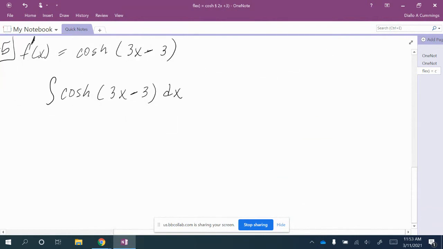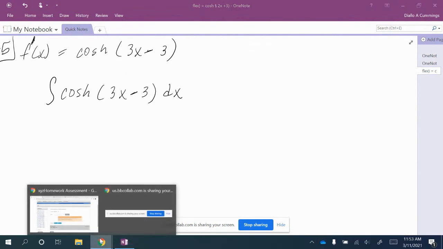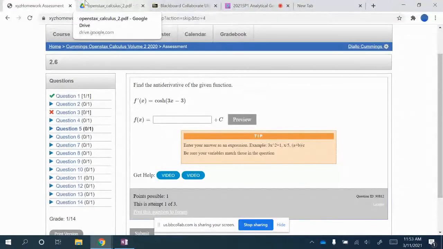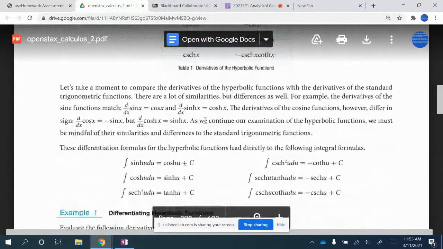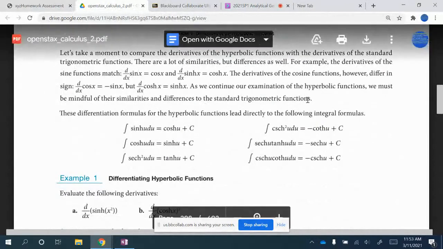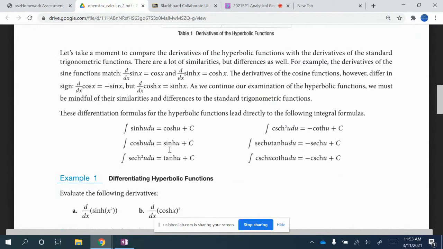All right. So if you notice in our formulas, we do have an integral formula for the hyperbolic cosine, so I'm going to use the other set of formulas. The integral for the hyperbolic cosine of u is equal to the hyperbolic sine of u.